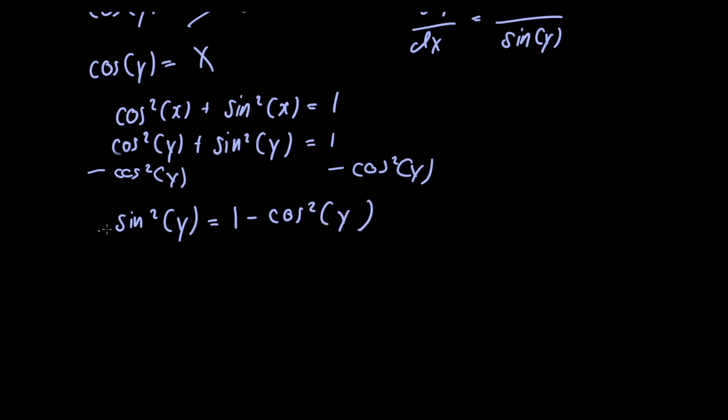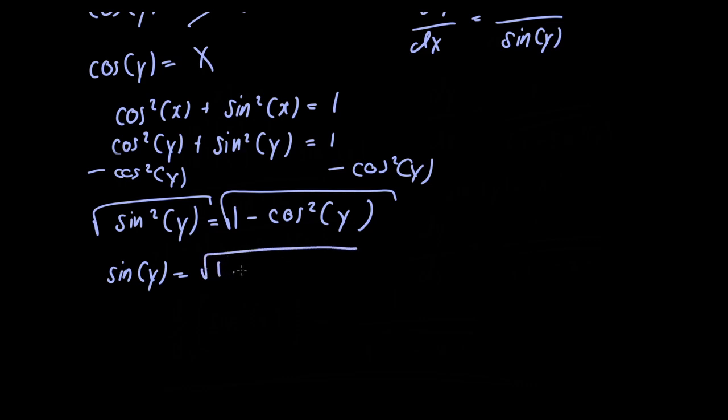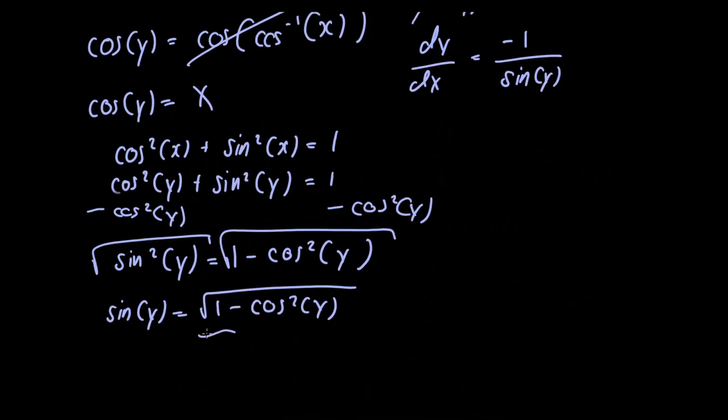Now let's take the square root of both sides. So we have sine of y equals the square root of 1 minus cosine squared of y. We want to substitute this value here into our equation up here for sine of y. So let's go ahead and do that.